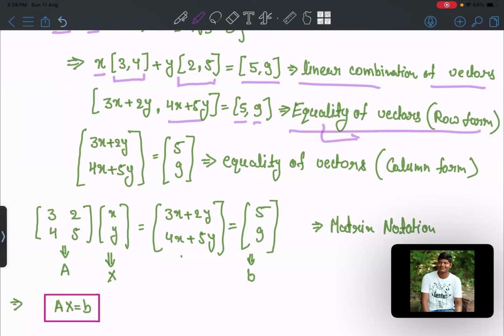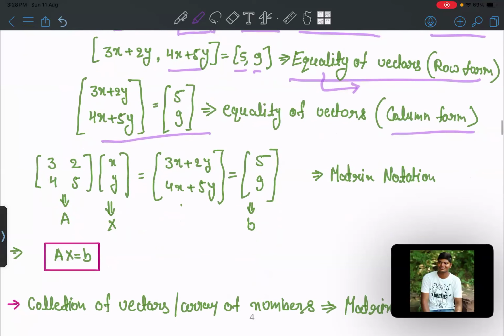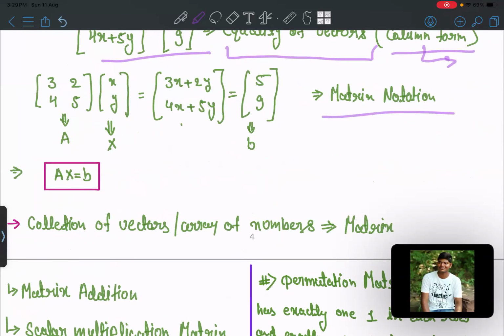This is what? Equality of vectors in row form. Similarly, this can be represented in terms of column format, equality of vectors. In short, we can represent it in matrix notation. How in matrix notation?